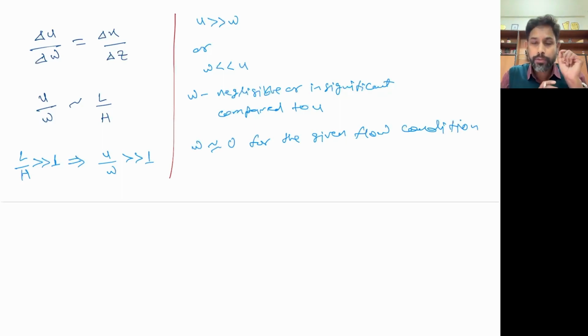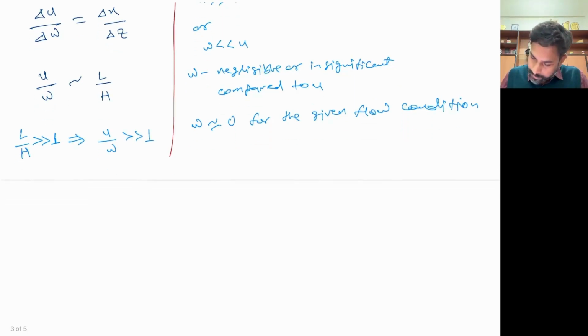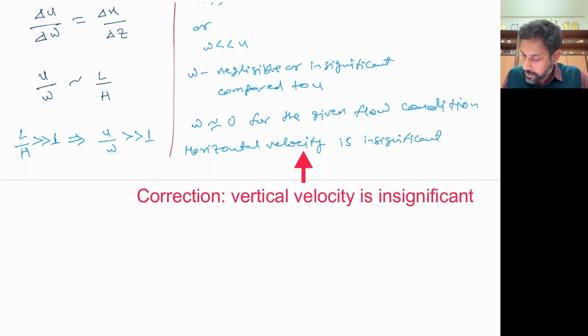Okay, so what we are assuming is that the vertical velocity is insignificant for the given flow condition, right? w is almost equal to 0, whereas u is not. So this is something we are able to assume based on the given geometry of the flow.